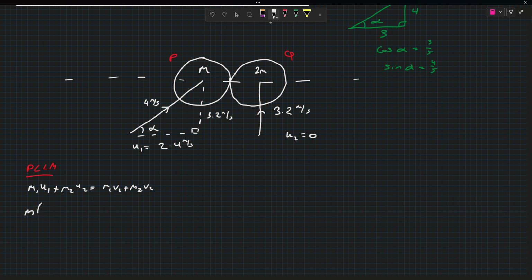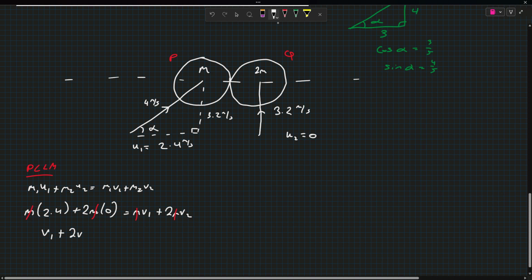So m times 2.4 plus 2m times 0 is m times V1 plus 2m times V2, where V1 and V2 are the components of the velocity after collision. We can cancel out the m's, and we're left with V1 plus 2V2 is 2.4. And this is equation number 1.